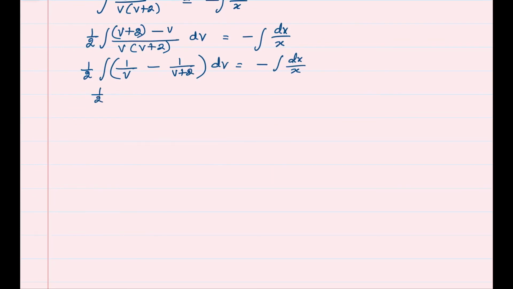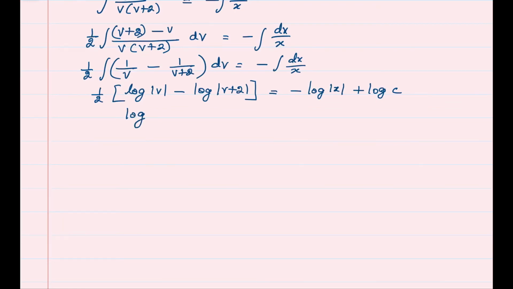Half into integral of 1 by v is log of absolute value of v, minus integral of 1 by (v plus 2) is log of absolute value of (v plus 2), equal to minus log of absolute value of x plus log c.